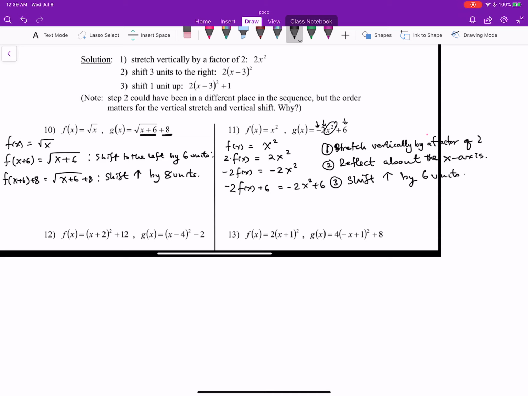And so I have x plus 2 all squared plus 12 is the original, and I want to arrive at x minus 4 squared minus 2. So it changed from x plus 2 to x minus 4. There was a certain horizontal shift. So if you look at it from here, what do I need to make the input so that it will land me at x minus 4?